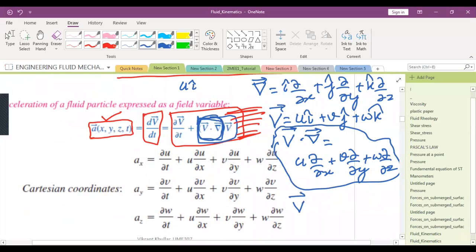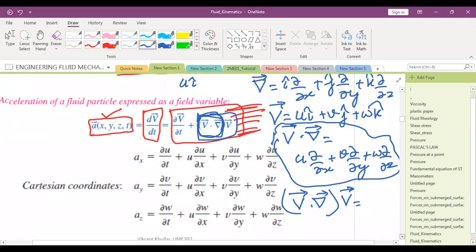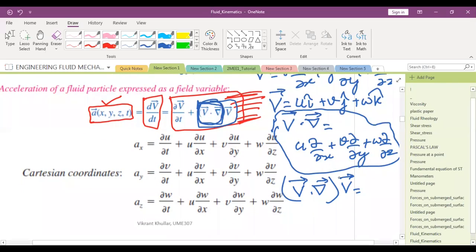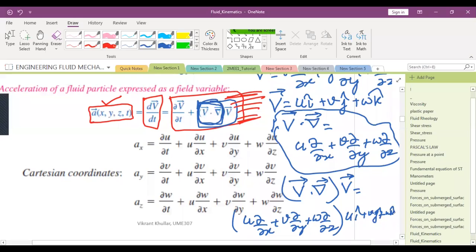Now let me know what V dot del is. This is an operator that will operate on what? A vector. So you have u ∂/∂x plus v ∂/∂y plus w ∂/∂z operating on ui plus vj plus wk. So what do you get?